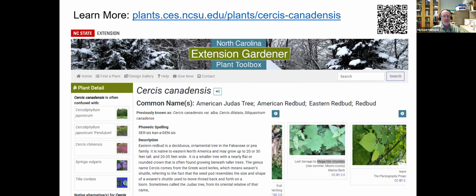It is affecting a large number of woody hosts, but far and away the most common one is our Cercis canadensis. So if I were going to be buying a Redbud, I would be sure not to buy it dormant so that I can evaluate well that there's no dieback going on, that all the leaves appear to be normal and so forth.